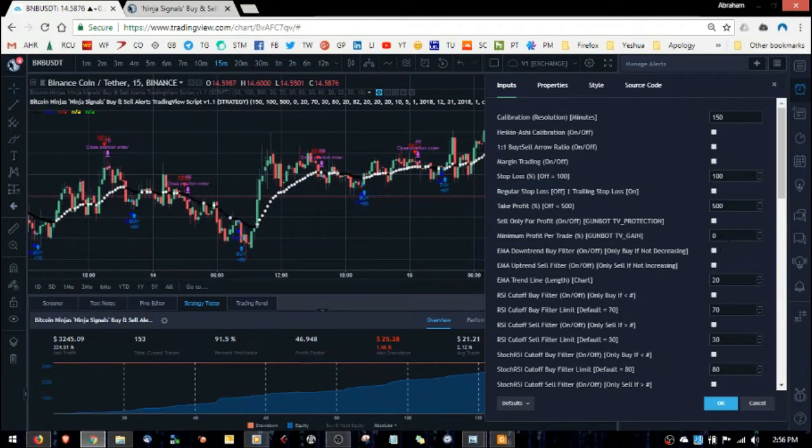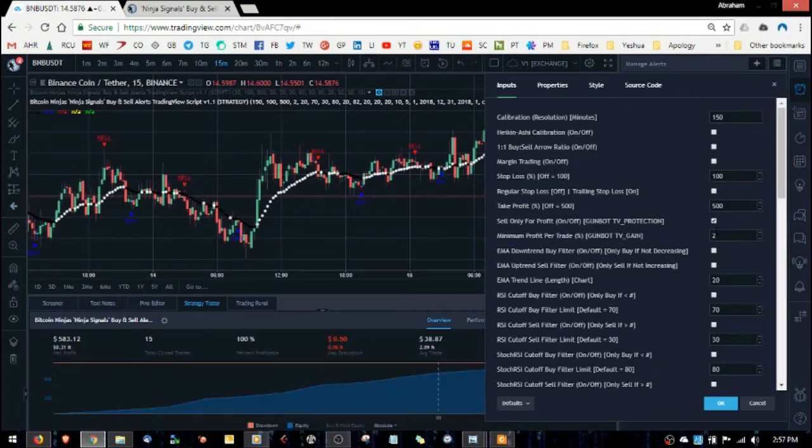And so this corresponds to GunBot's setting of TV protection, and the number you would actually enter to set that level of protection would be called TV gain. So here, if I enter a 2 and I activate this feature, I'm essentially telling the script to ignore all sell arrows or sell alerts unless they generate 2% profit or more. And if they do not generate 2% profit or more, a sell order will not be placed.